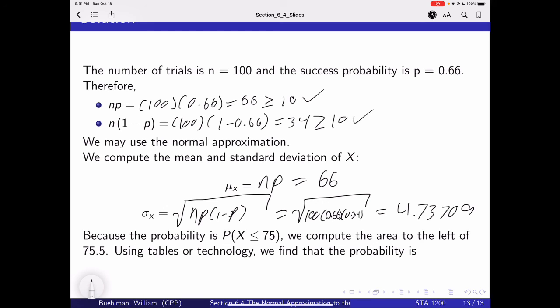Because the probability x is less than or equal to 75, we compute the area to the left of 75.5. Using tables or technology, we find that this probability is 0.9775. So what this is saying is there's a 97.75% chance that there were 75 or fewer students that enrolled in college out of the 100.